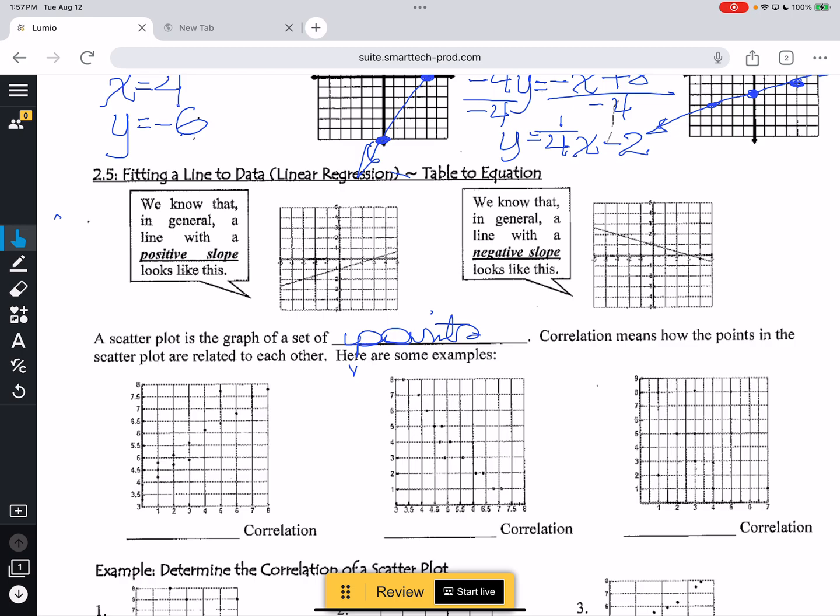So we're going to say this has a positive correlation. And then this second one, while it's not a perfect line, do you see it's forming sort of a negative looking option? So we're going to call that a negative correlation.